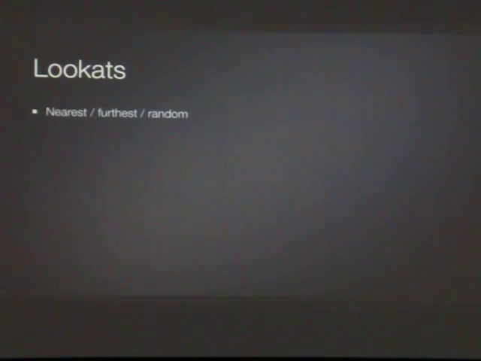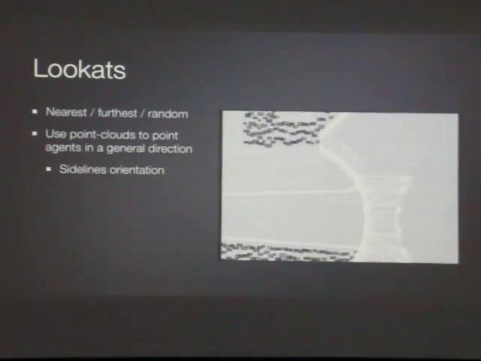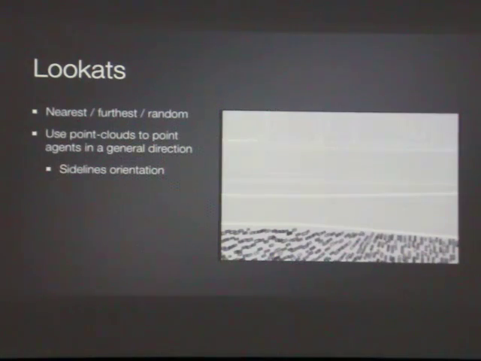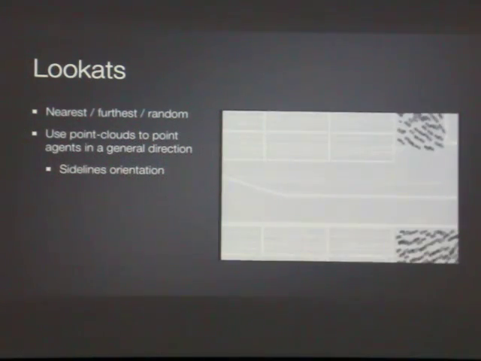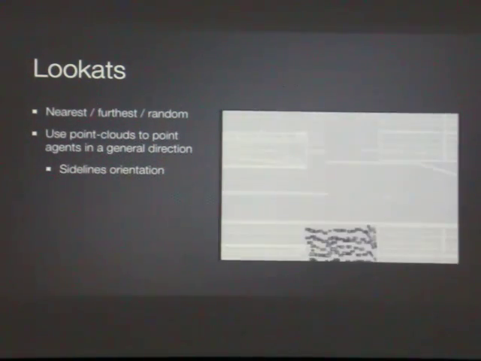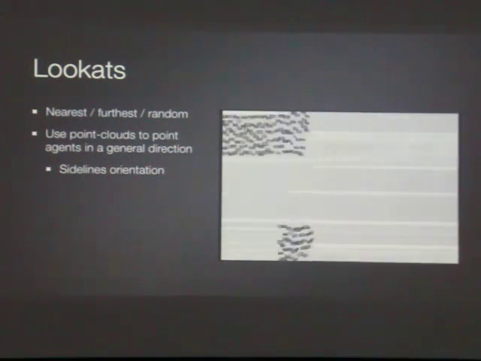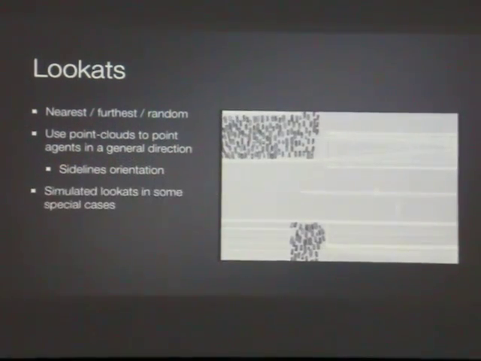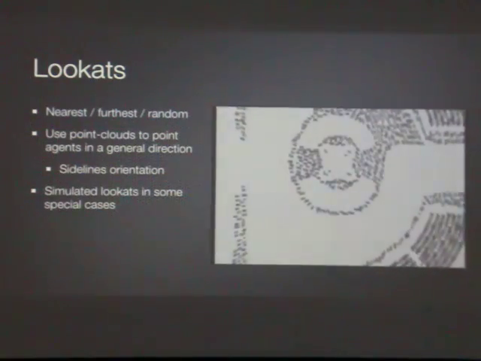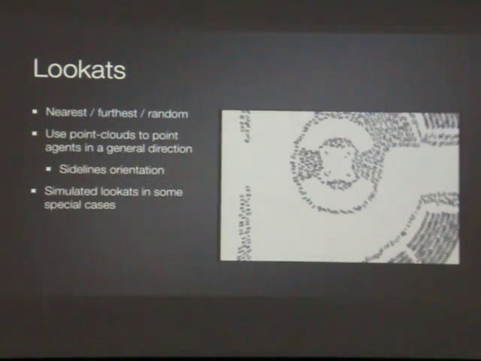And here's the look-ats. By look-ats, I mean a certain point where you want all the crowds to look. We had very good luck setting initial look-ats or even animating them over time using Houdini. I think in some special case scenes, we were doing animated look-ats.